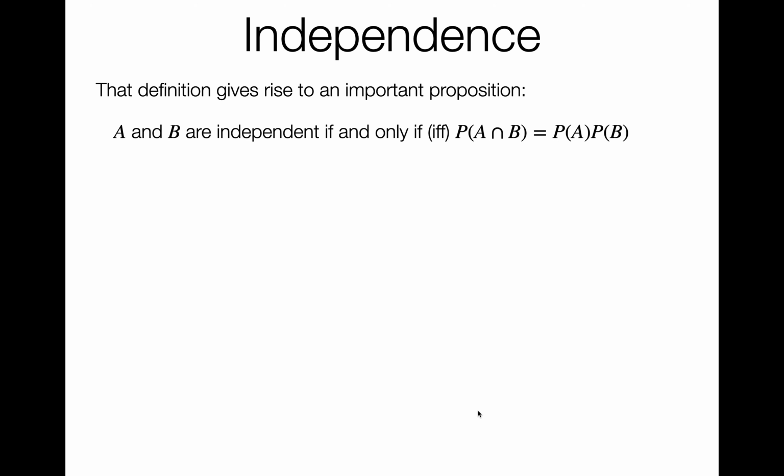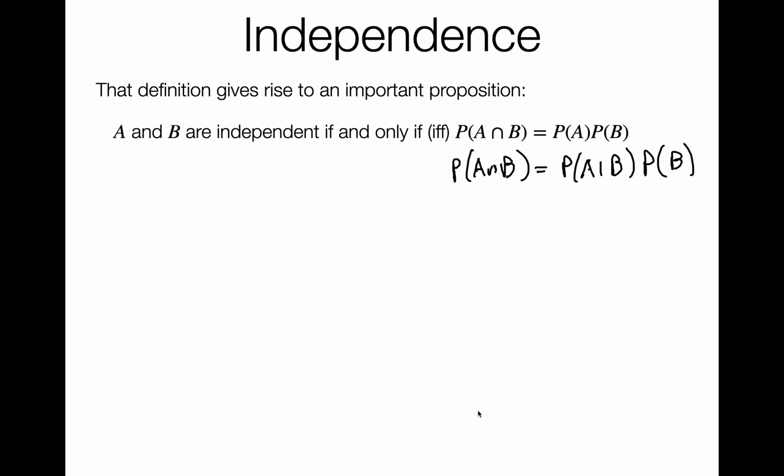Now, the general multiplication rule says this. In previous videos, I had it incorrectly, and I fixed it here. It says that the probability of A and B is equal to the probability of A given B times the probability of B. That's the general multiplication rule that comes as a consequence of just the definition of conditional probability.